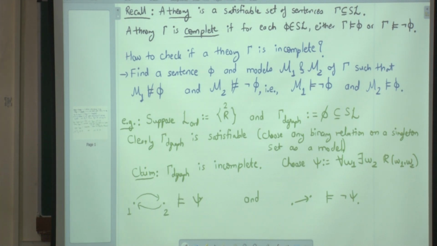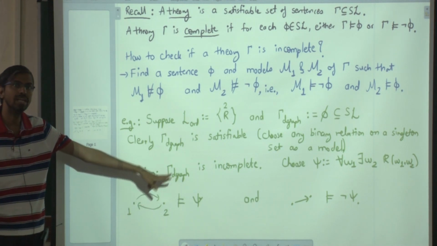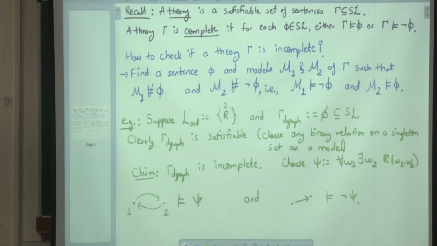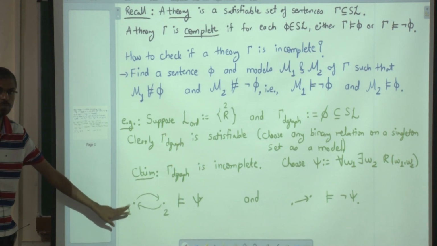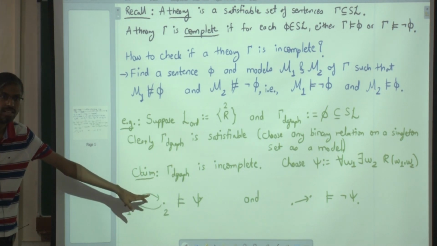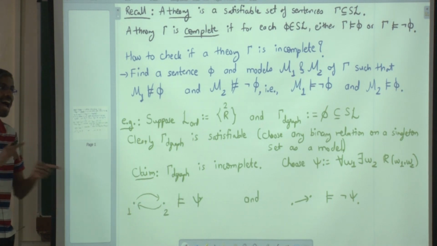So we are going to claim that this is incomplete. In order to show it is incomplete, we had to find a sentence. Here that sentence is psi, which says that for all W1 there is a W2 such that R W1 W2. We can choose this particular model of the theory of digraphs. This model satisfies psi. Can you see that? For every node there is an arrow which leaves that node.